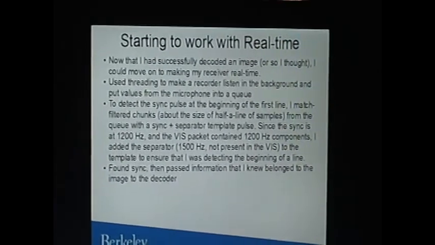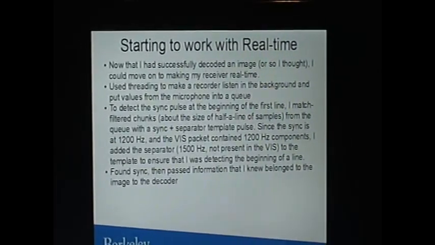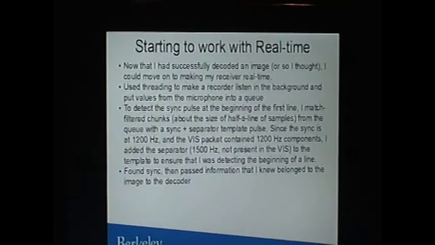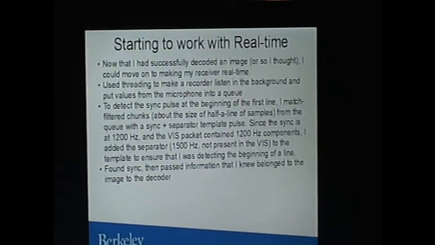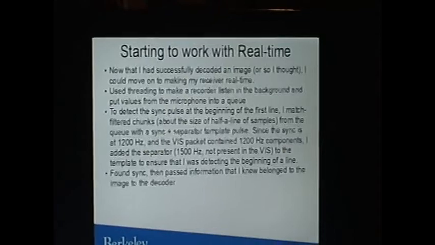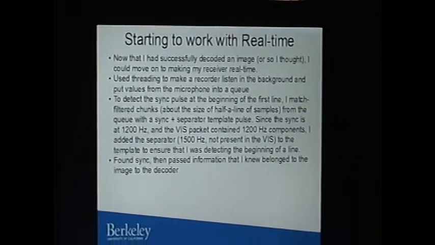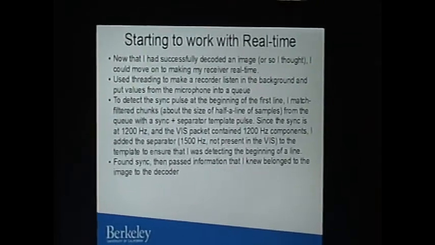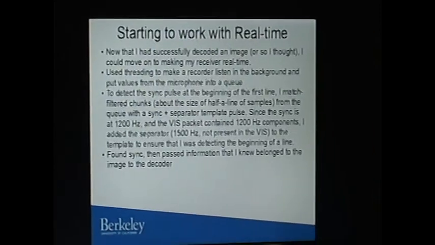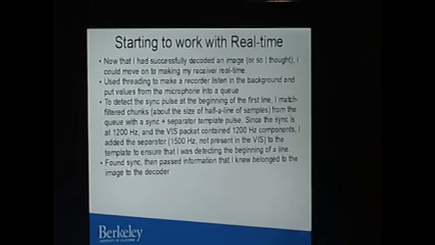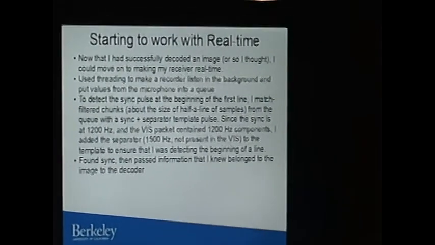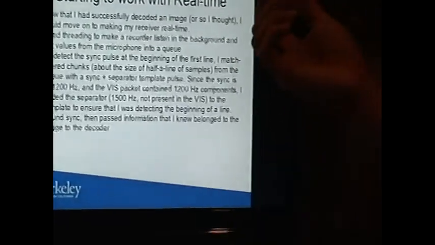So I combined sync and separator to look for the beginning of the first line, and then I flipped and conjugated that and then convolved it. What this does is the output of the convolution is maximum when what you're looking for overlaps with your signal. And so you get the argmax, and that tells you exactly where your signal is.